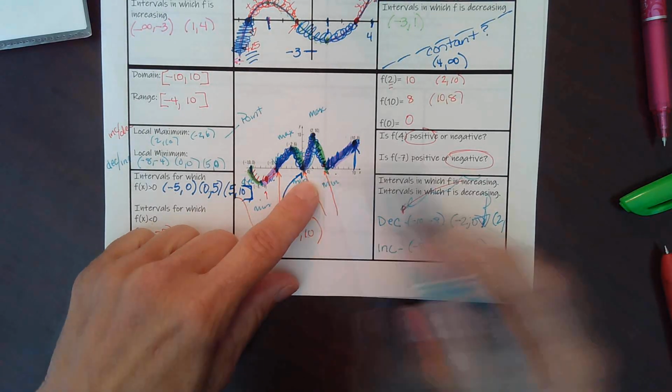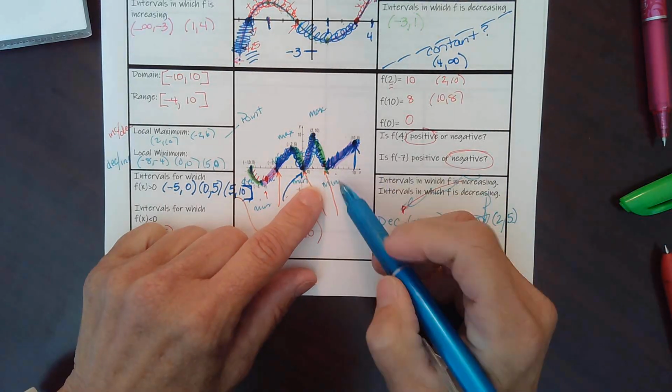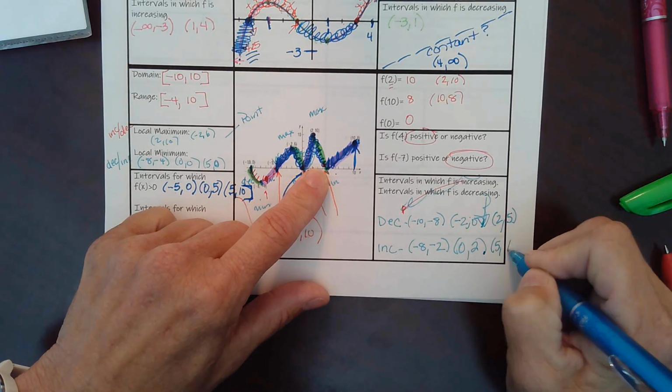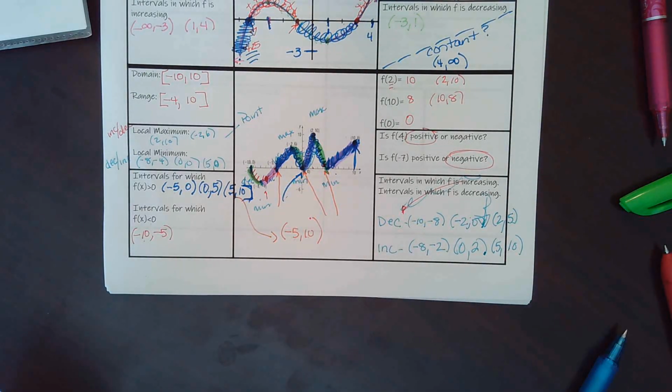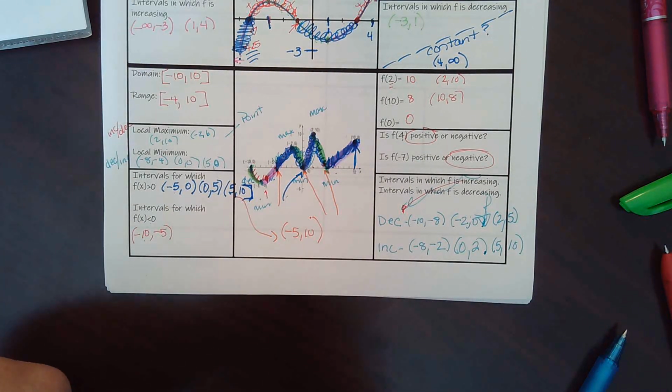From 2 to 5, the function decreases, and then luckily from 5 to 10, the function increases again. And I do apologize for making that graph a little on the small side and drawing all over it, but drawing on it helps to identify those intervals.